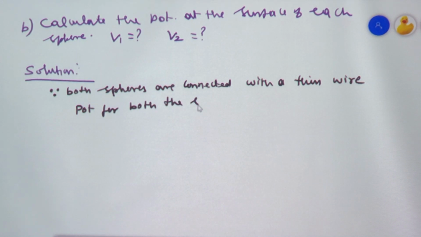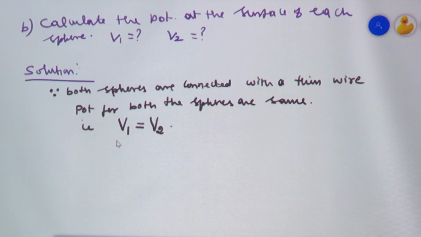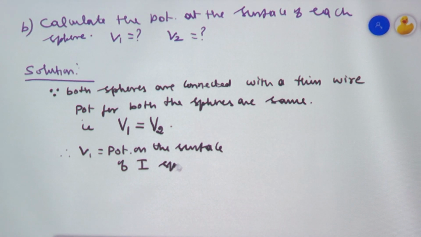So, if that is the case, I can write like this. Potential on the first sphere V1 is equal to potential on the second sphere V2. See what I have written here? For that I have written the mathematical statement. So what is this V1? V1 is the potential on the surface of the first sphere.